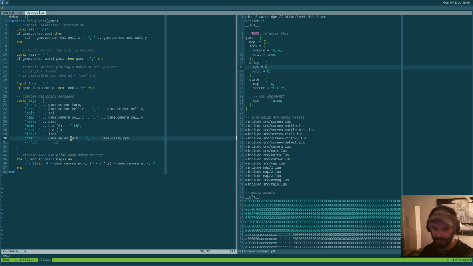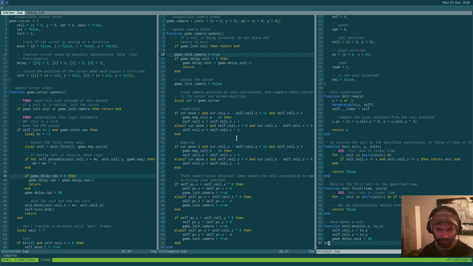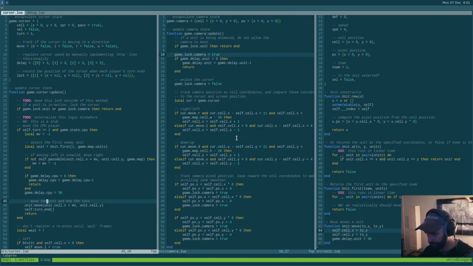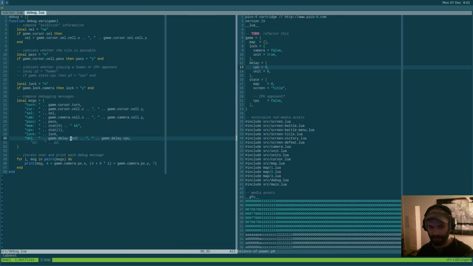It's unit, then CPU. These are in different states, different times.